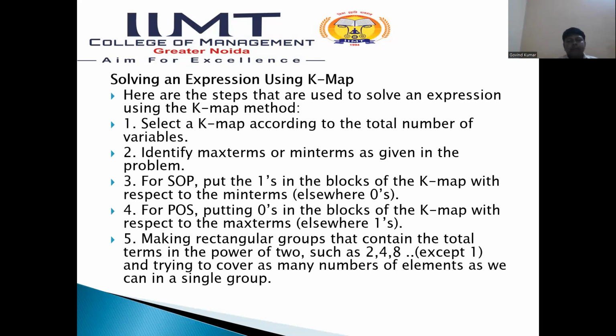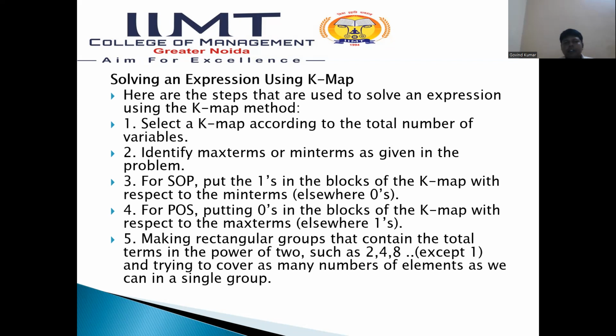The K-map is used for different variables, identifying the min terms and max terms given in the problem. For the given function, variables, Boolean functions, and logical operations, put the value in the cell for sum of product and product of sum.